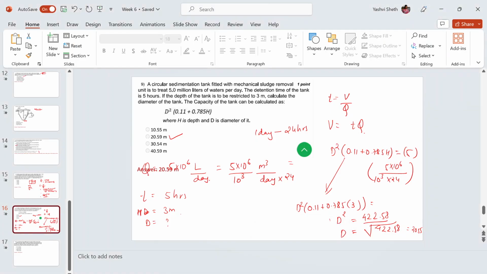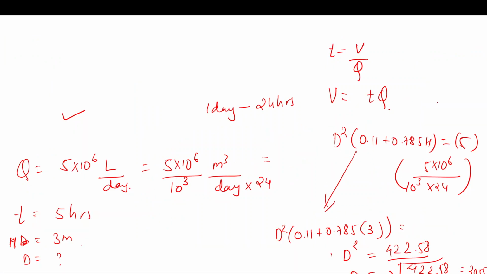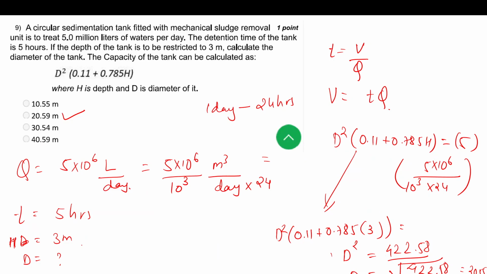Wait, I will write the values of each and every thing. So 5 into 5. This RHS term is coming to me as 1041.66. And if I multiply this, d square into it will come to me as 2.465.